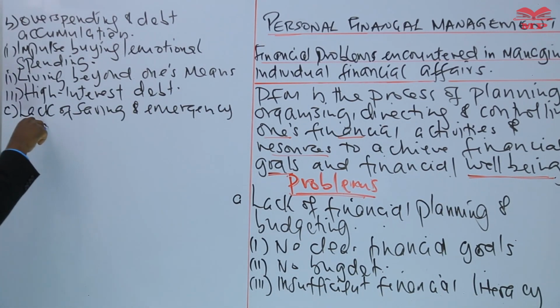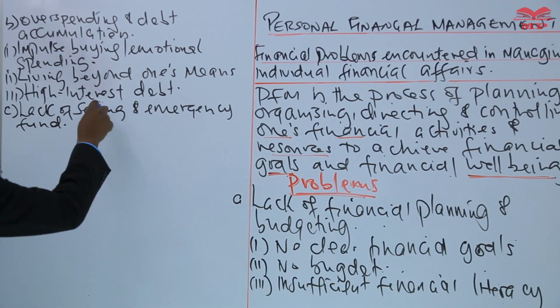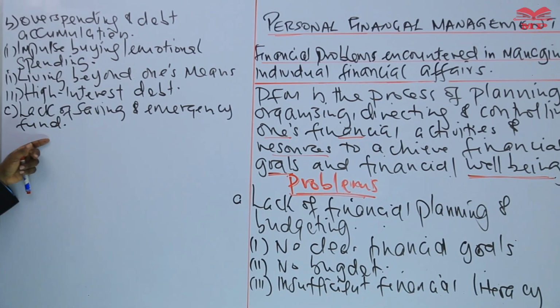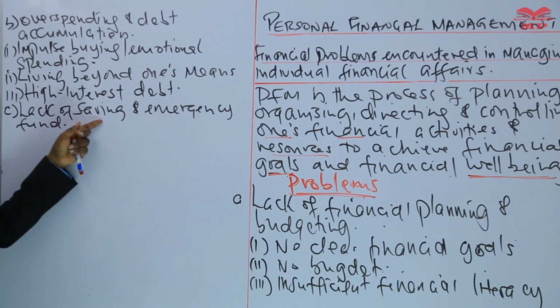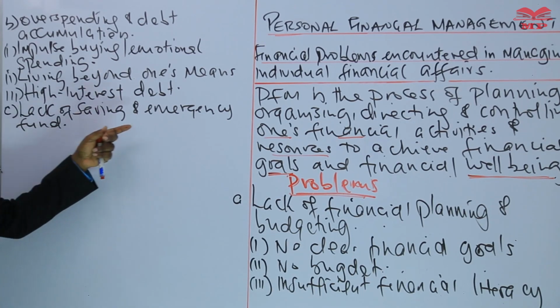Number 3, lack of saving and emergency fund. Lack of emergency fund is also a cause of financial problems. Not having savings or an emergency fund.